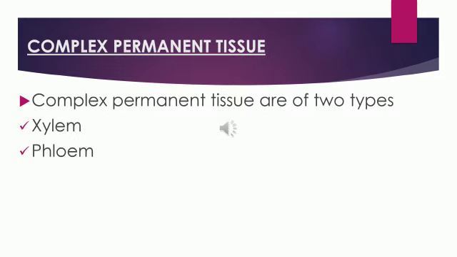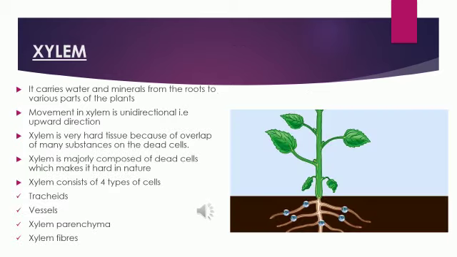Complex permanent tissue are of two types. One is xylem and another one is phloem. First, let us study about xylem. Xylem is a tissue which carries water and minerals from the roots to the various parts of the plant.